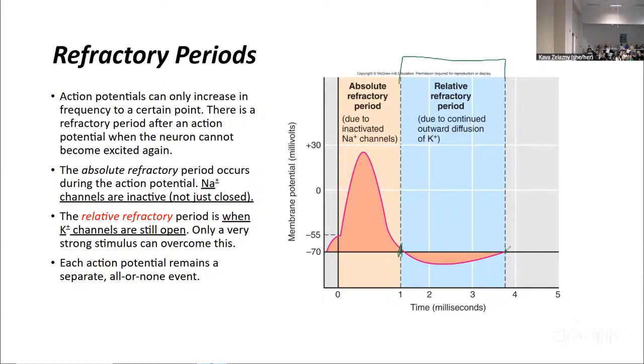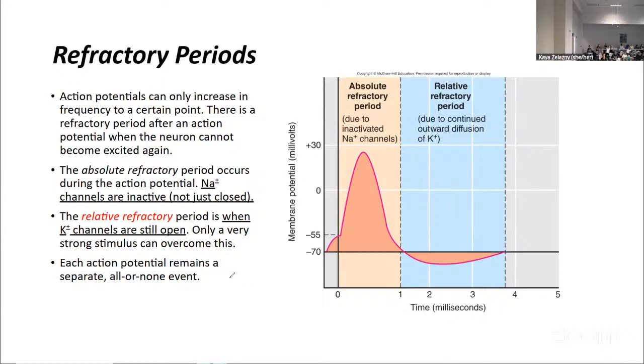It'd be more difficult than firing the first one was, but it's not impossible to stack another action potential that close next to our first one. Okay. So our relative refractory period is named because it's relatively difficult, but not impossible to fire a new action potential during this chunk of time. Okay.